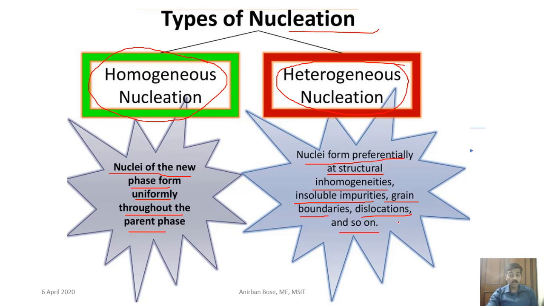Generally, what are the positions where the chances of nucleation will be more? If there are certain defects in the material, and you know that defects have higher free energy, so these are the positions where the chances of nucleation will be more. Okay, that means they are the preferred sites. So the nucleation will be heterogeneous, not uniform.